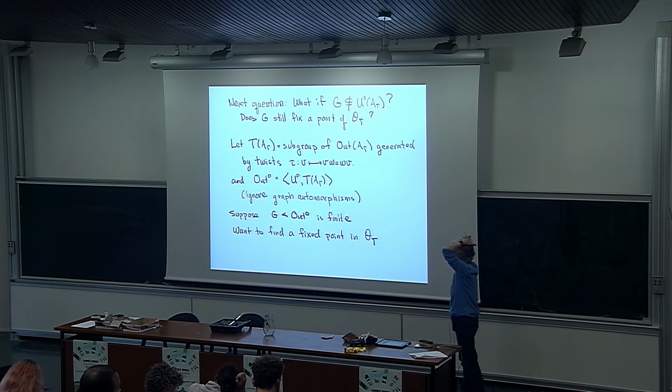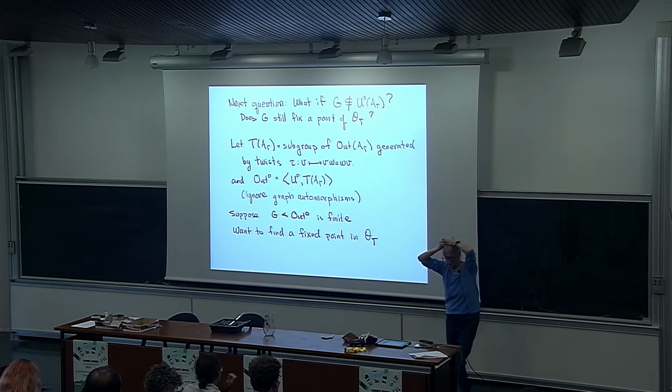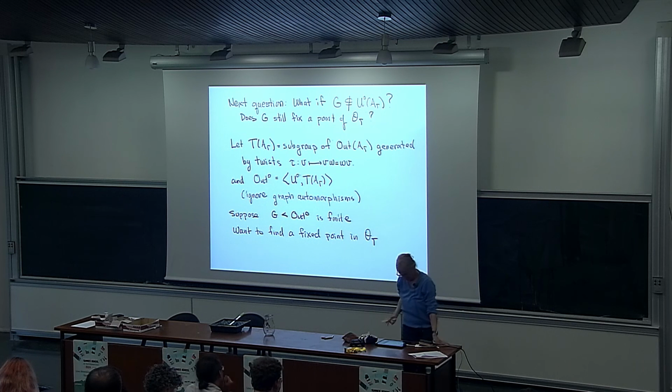So graph automorphisms seem to be a problem, so let's ignore them and just look at finite subgroups of the rest of Out. See if we can find a fixed point for one of those. And the answer is maybe.